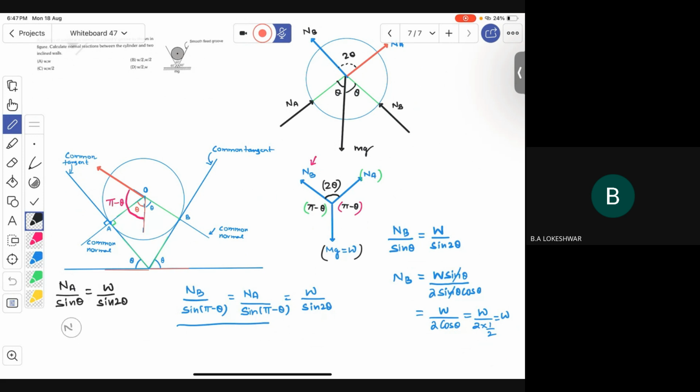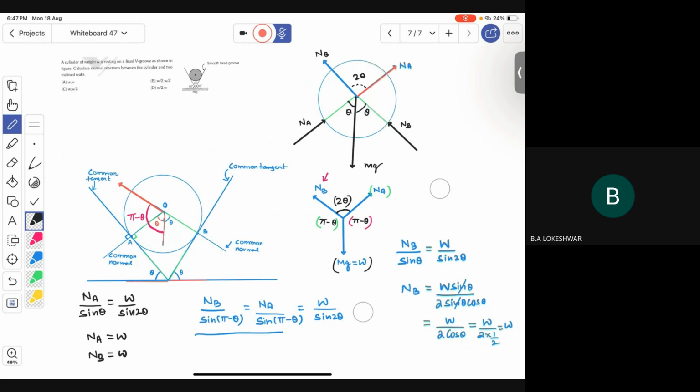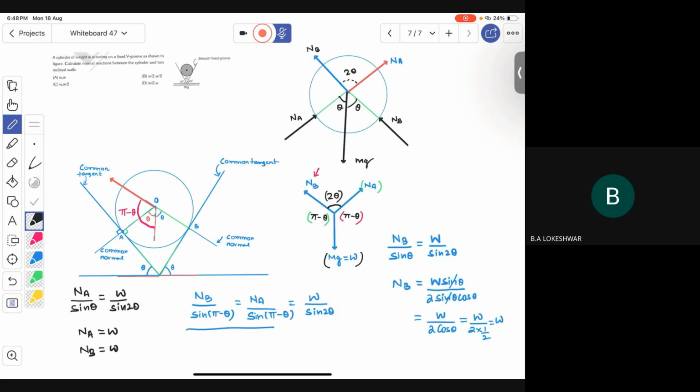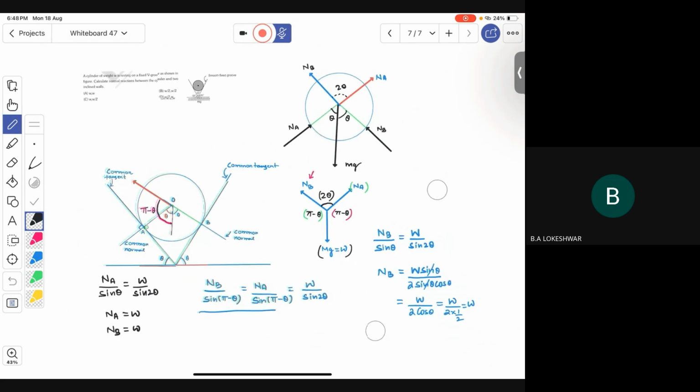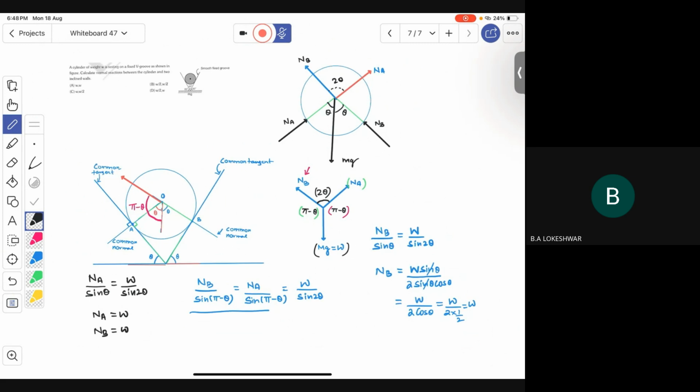Again, solving it, NA will come equal to W. But maybe there can be another way to solve this one, by finding each of the vectors in terms of the components. I will draw another figure on the next page. Just have a look and take a screenshot, but you must be copying it after the class. I'll share the PDF also.